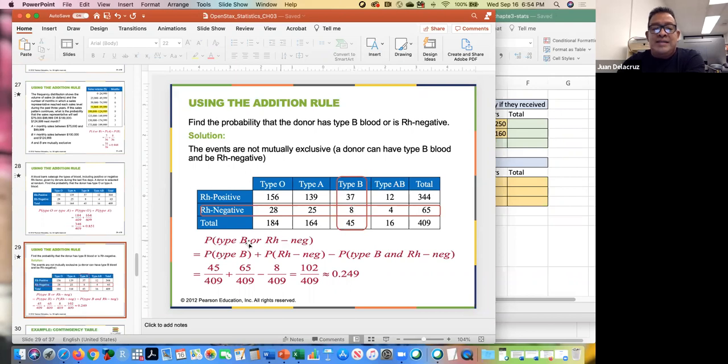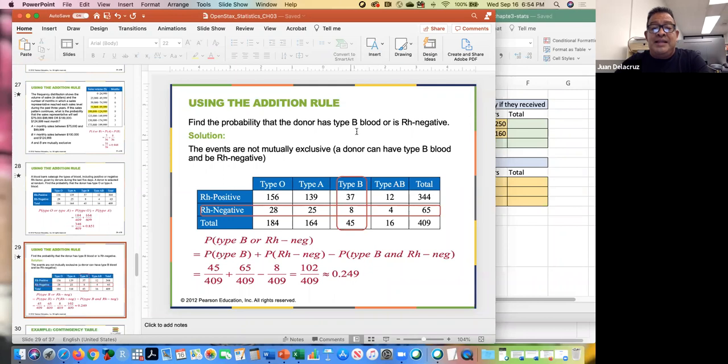If we want to account for the type B, we are going to do the total of people with type B, because those are the two categories that we were asked to solve.